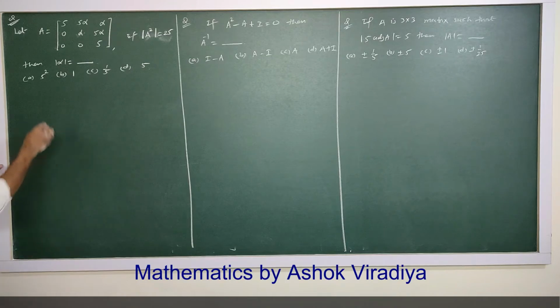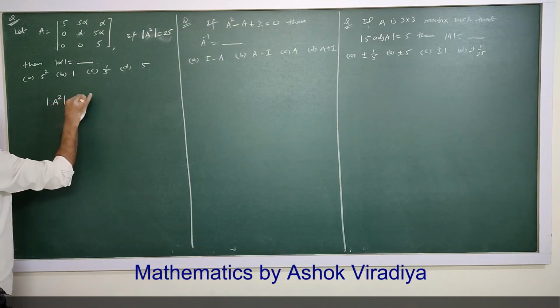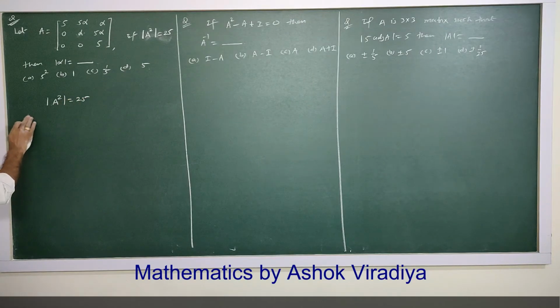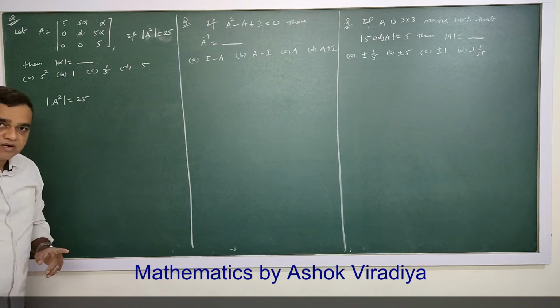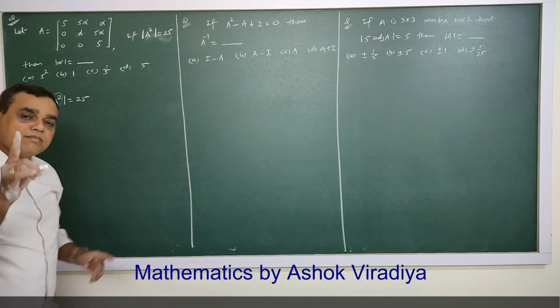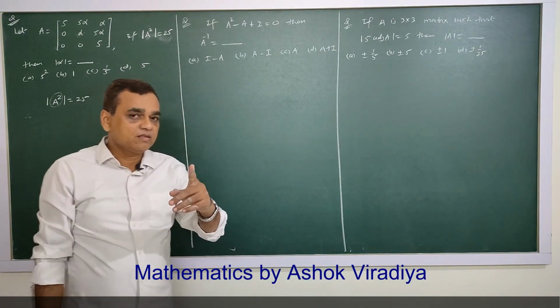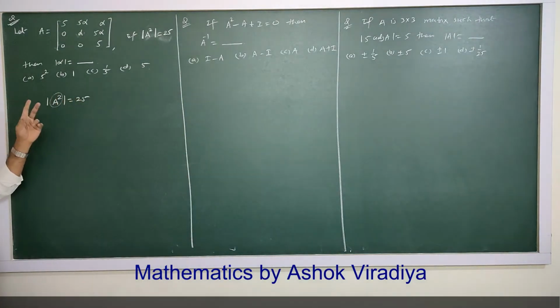Here it is given that determinant of A square is 25. Now here A is given, don't find A square, don't find determinant of A square.